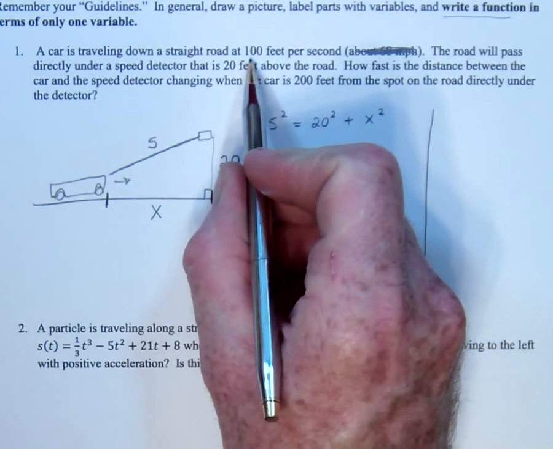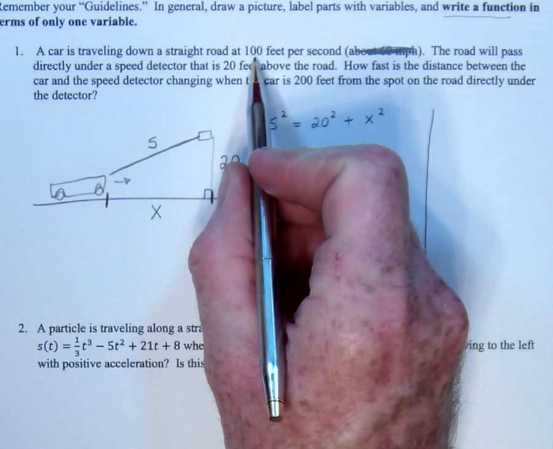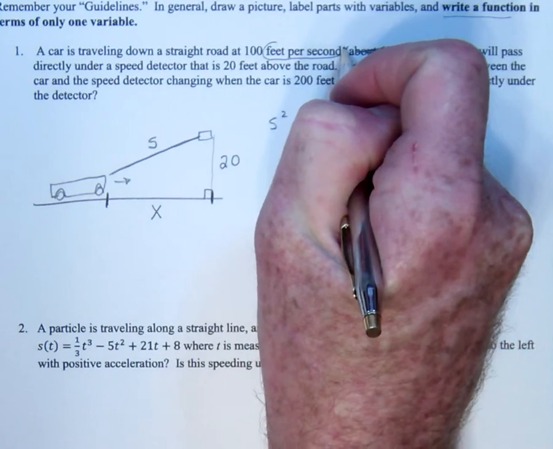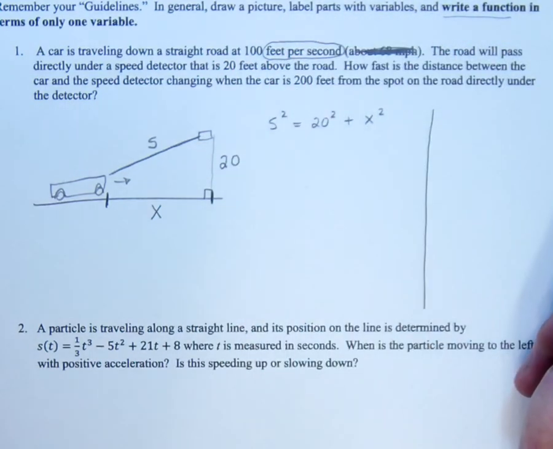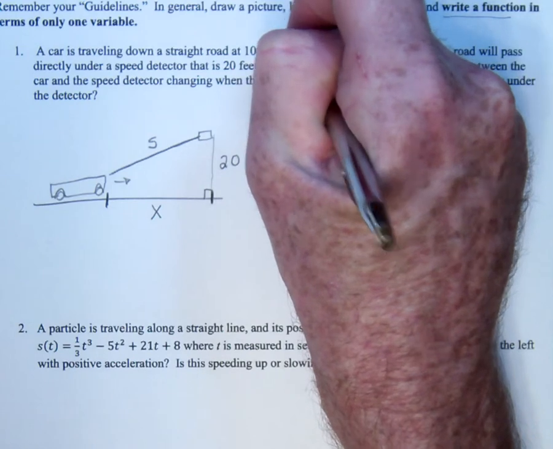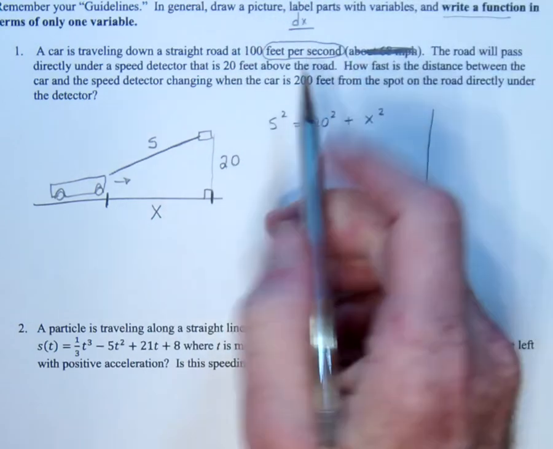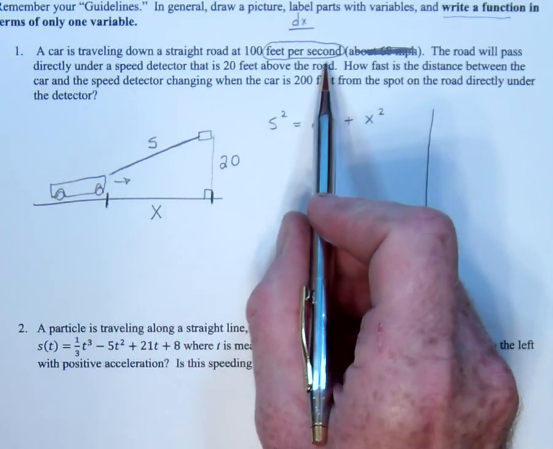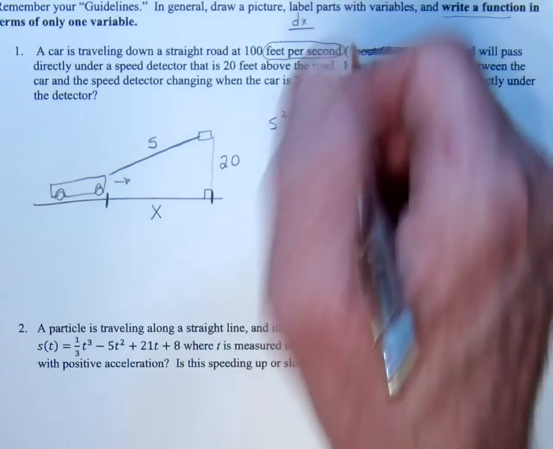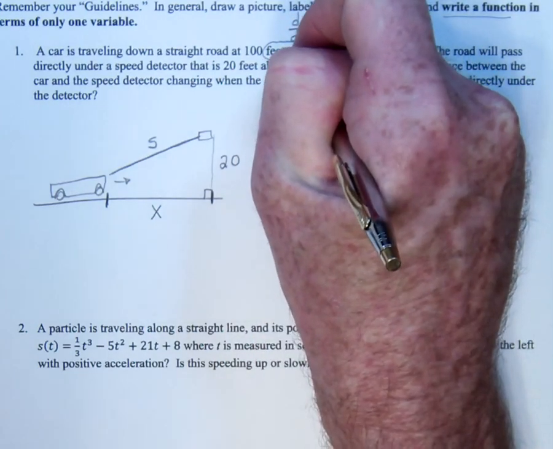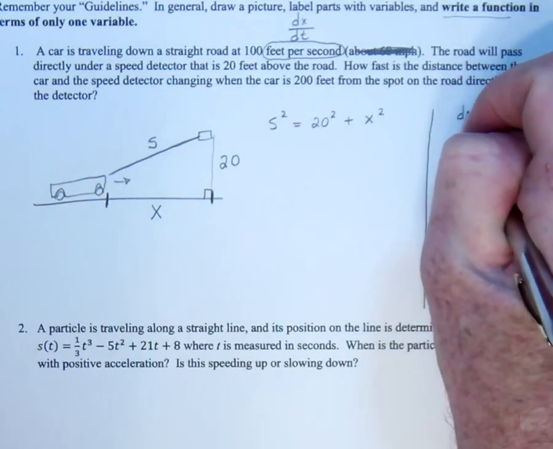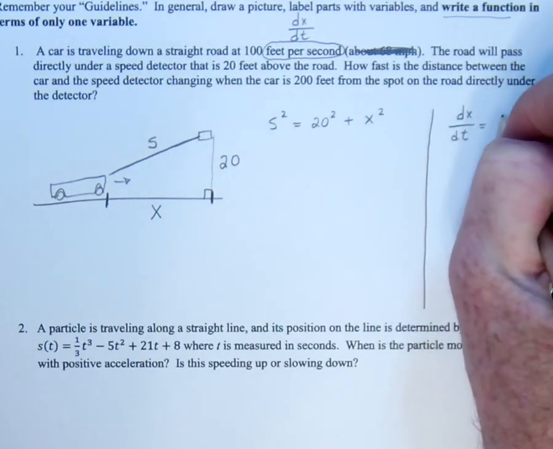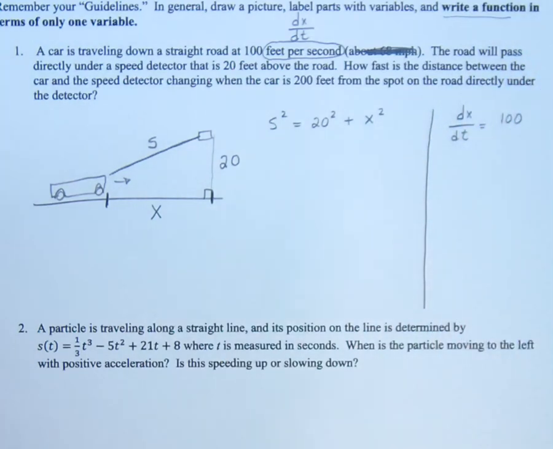One thing is, the car is traveling at 100 feet per second. So when it's talking about a speed, it's telling you the first derivative. So the derivative of x, in other words, how does x change with respect to time, seconds is time, and it says that the car is traveling, or its velocity is 100 feet per second.